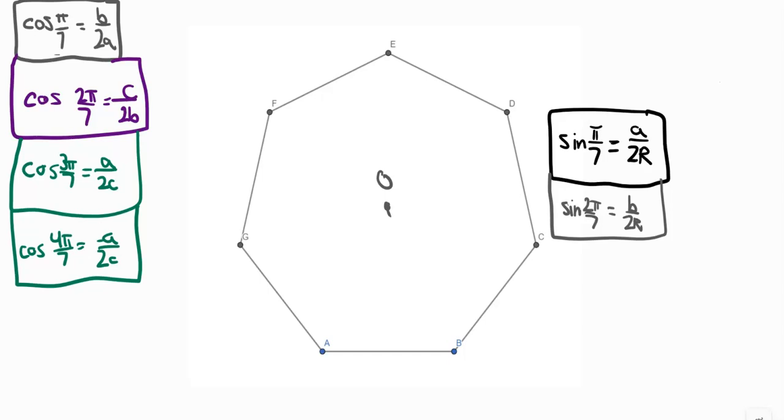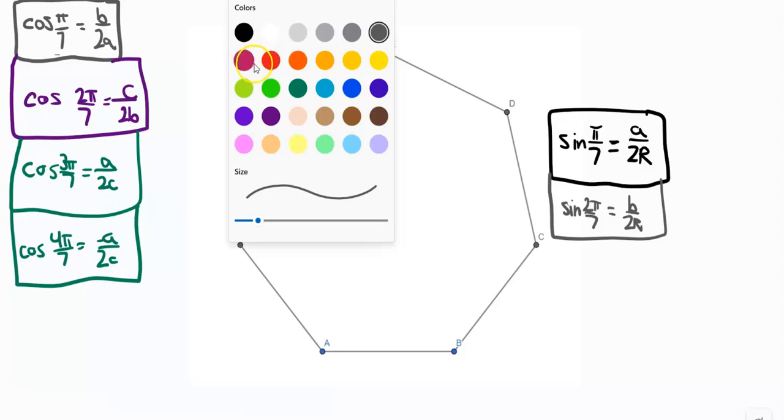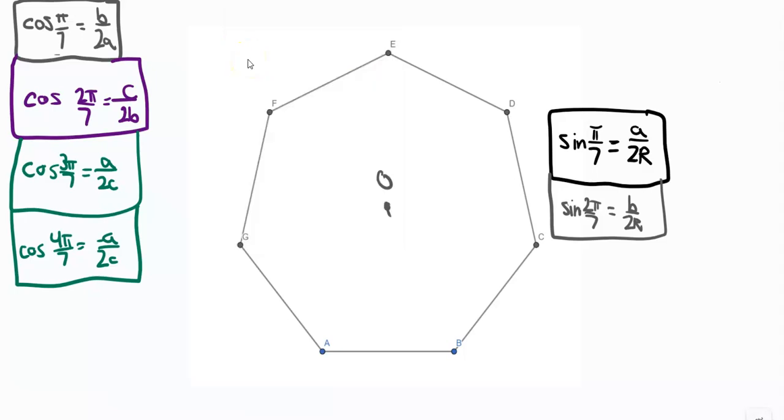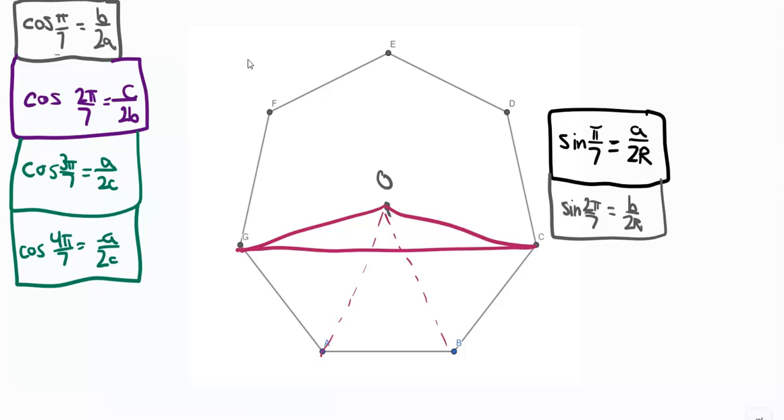So to finish this particular video, what I want to do is connect G to C this time, and we'll connect O to G and O to C. Now, as you can see this time, you're skipping from C to B to A to G. If we were to draw these in right here, we know that each of these corners here is 2 pi over 7.